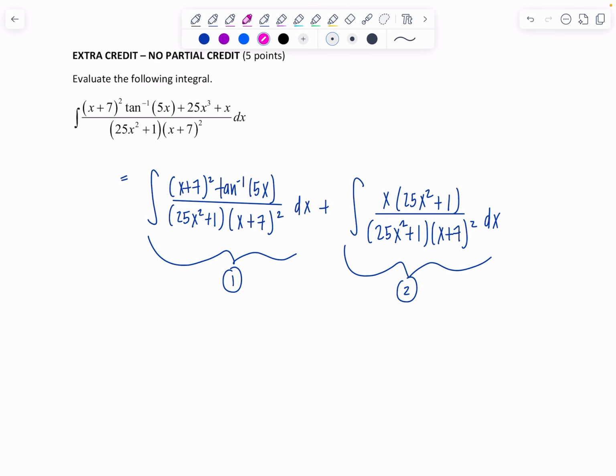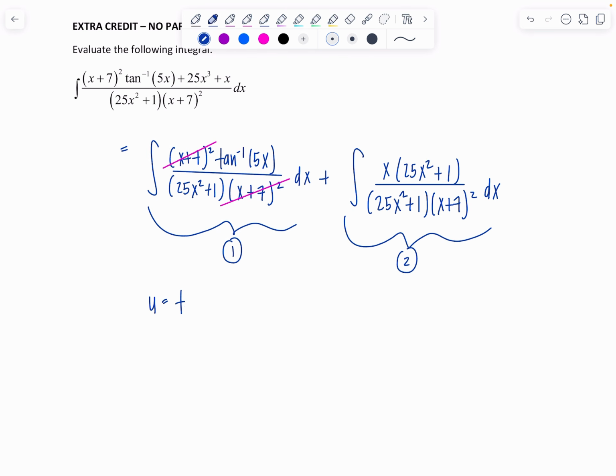The first one, boom, that cancels. So we could just do a cute little u sub. I'm going to let u be tan inverse of 5x. And then here's the part people miss the most that made me sad. Derivative of tan inverse of something is 1 over 1 plus the something squared. And then you have to do the chain rule, multiply by the derivative of 5x. So there should be a 5 up top. I know.